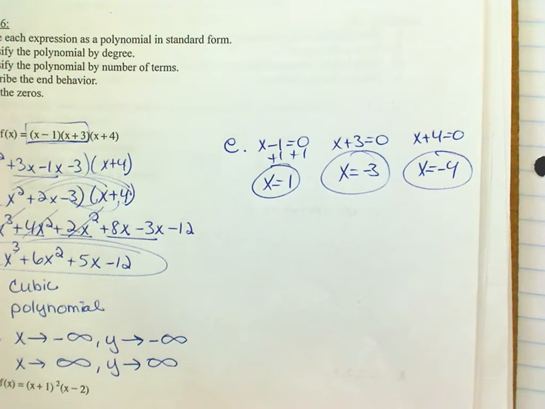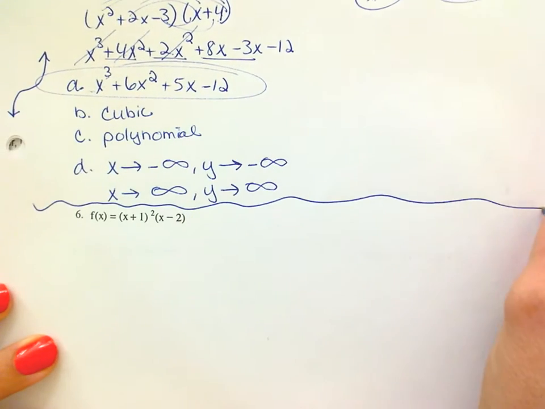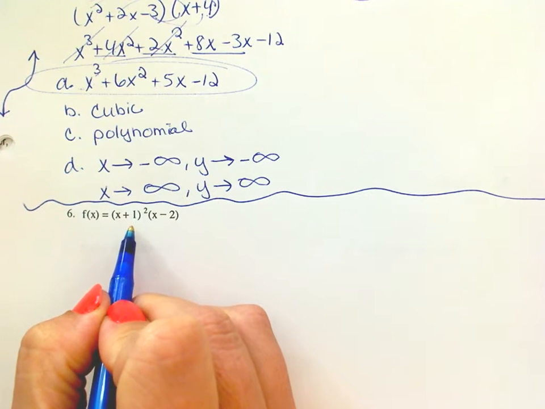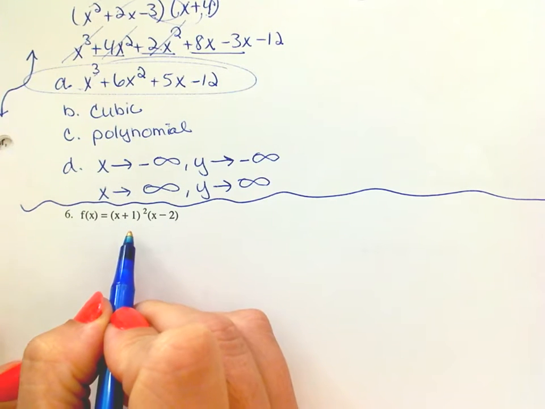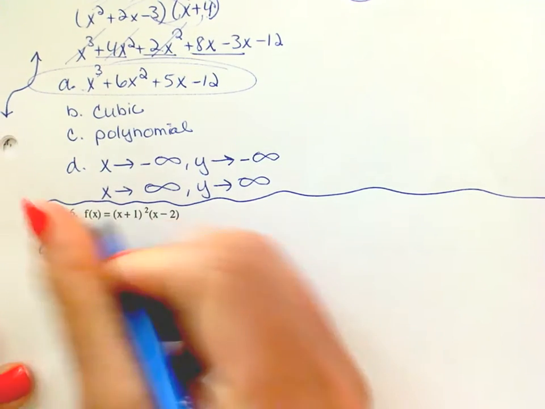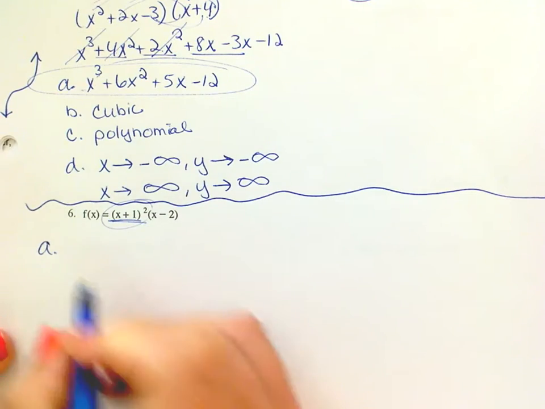Number 6, we're going to do similarly. It looks a little bit different, but it's the exact same idea. Going in order, I'm going to do this part first. It's x plus 1 quantity squared.